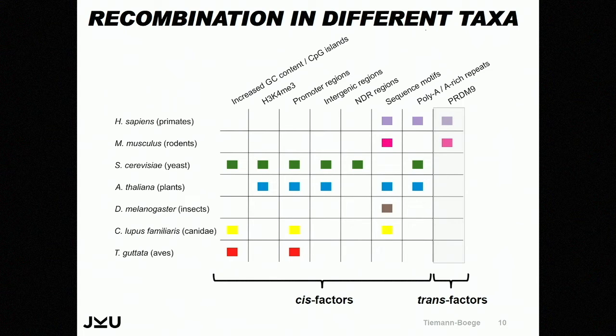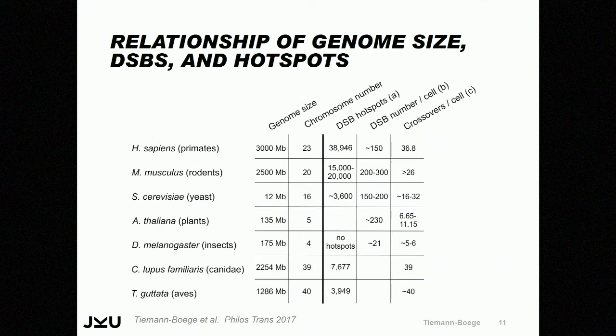And there's a series of other factors, for example, specific motifs or maybe increased GC content, promoter regions, that we still don't really understand, but we believe that this is kind of an archaic recombination machinery, and PRDM9 is working together with this machinery or on top of it in order to change where these hotspots are located.